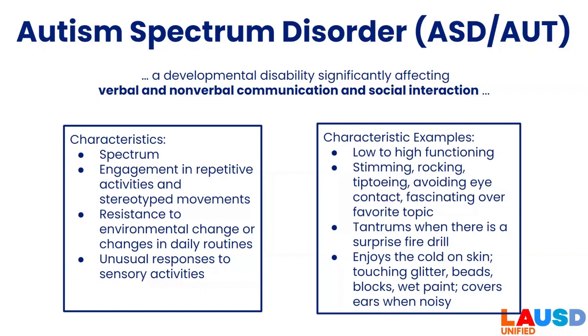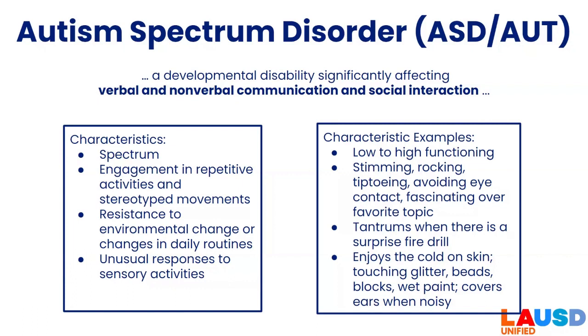In addition to the engagement in repetitive activities and stereotyped movements, such as stimming, also known as self-stimulating behaviors, which are repetitive body movements or repetitive movements of objects, or constantly talking about their favorite topic, there is also the resistance to change.